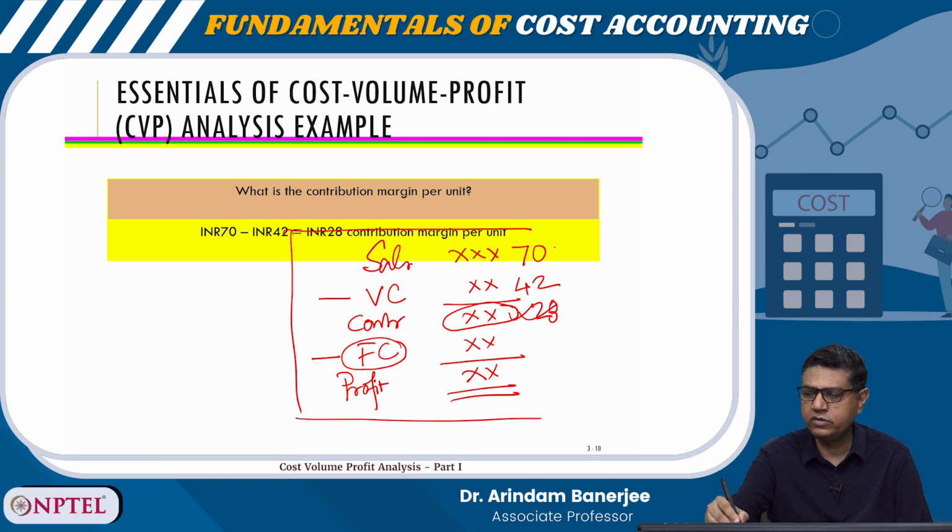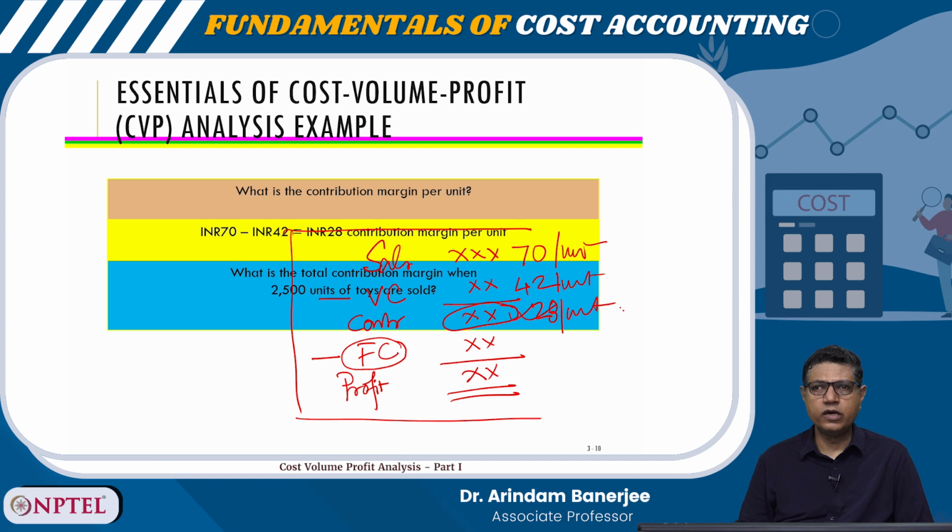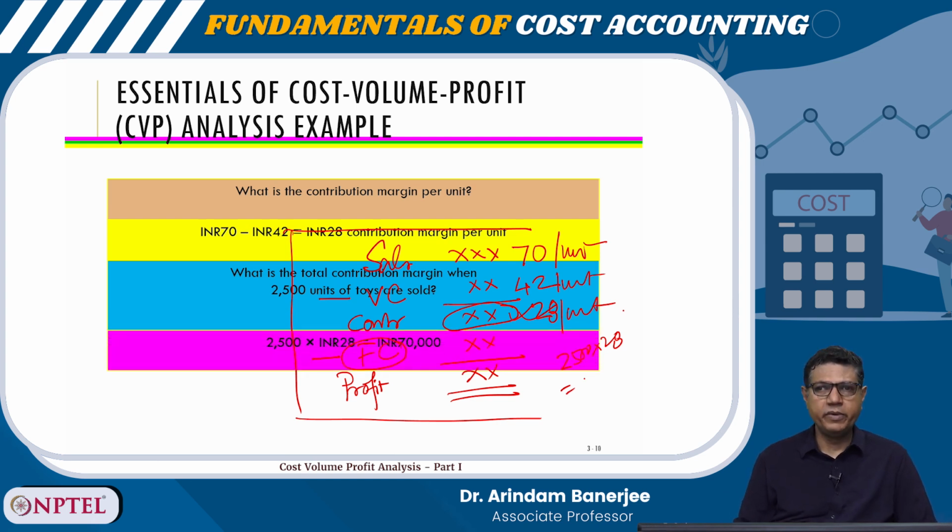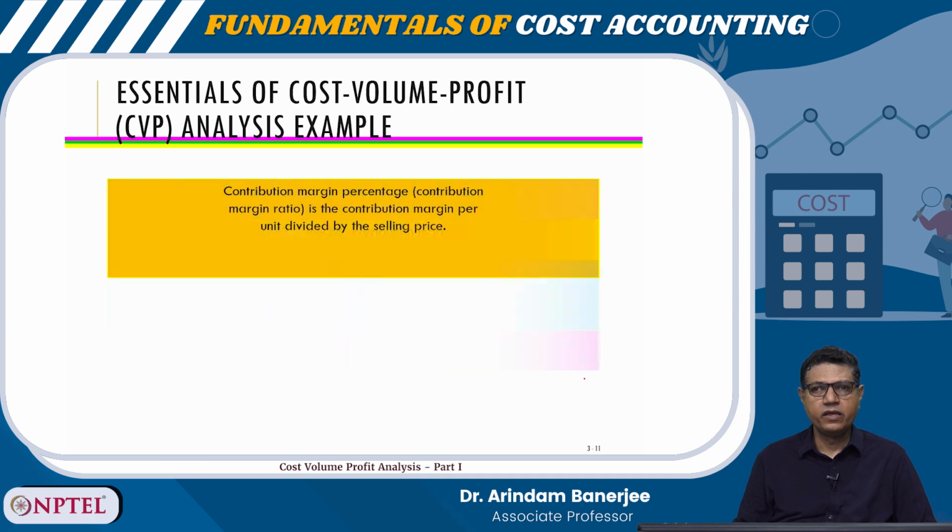So, we are talking about per unit, right. So, total contribution for 2,500 units will be 2,500 into 28, fine. So, it will be rupees 70,000. So, 70,000 is my total contribution, fine.